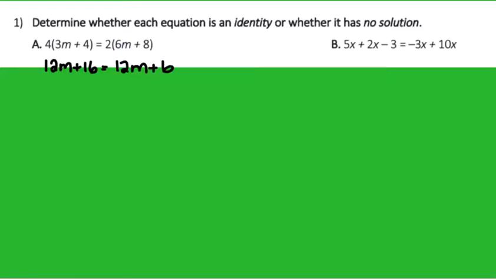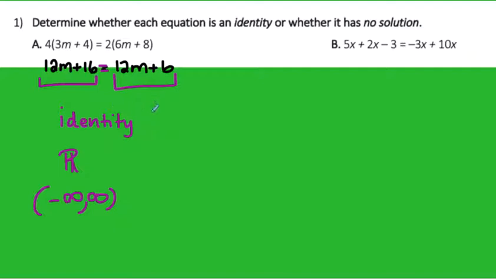Now, I could go on to solve that, but I'm hoping that you see that you have the exact same expression equaling the exact same expression. So this would be the identity. So all real numbers, negative infinity to infinity, meaning every solution is a solution.